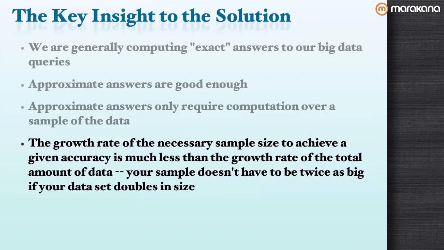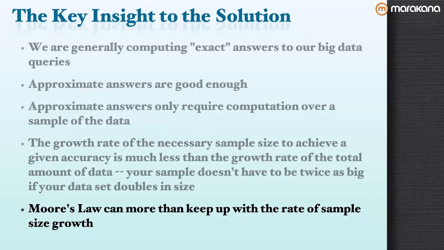So if you get twice as much data 2 years from now, the size of the sample that you will need to create the same error that you did before will not be twice as great. And so Moore's law can actually more than keep up with the rate of sample size growth, even given the higher rate of overall data growth that we're seeing.